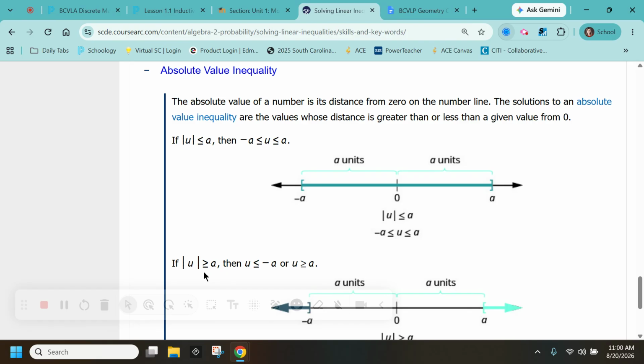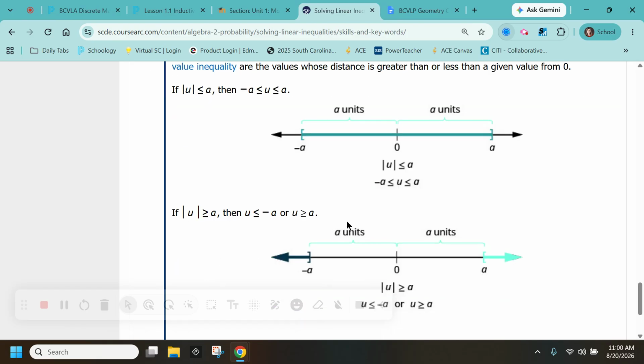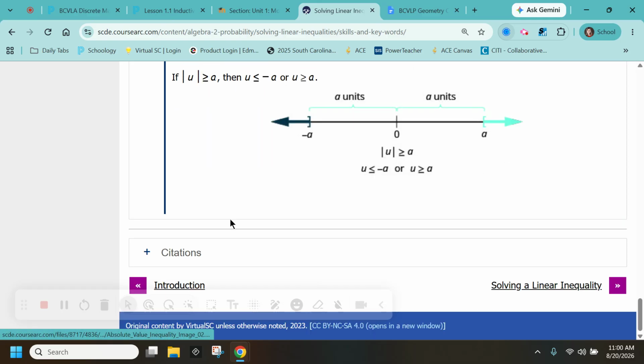So u is less than or equal to -a, or u is greater than or equal to a. Notice that this stayed the same. The symbol and the sign on a stayed the same as the original inequality. The opposite of that is you change the inequality symbol and change the sign on the constant on the other side.